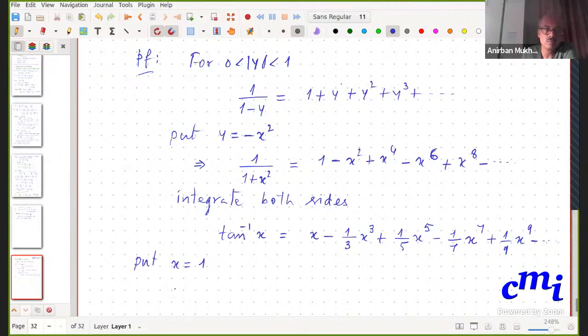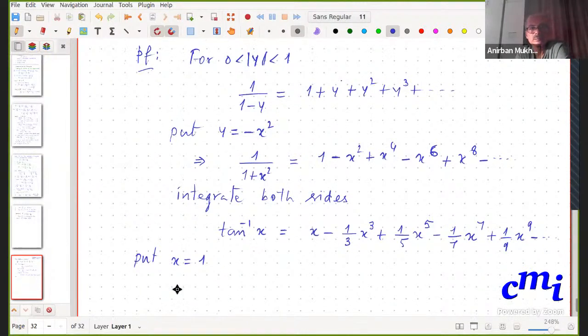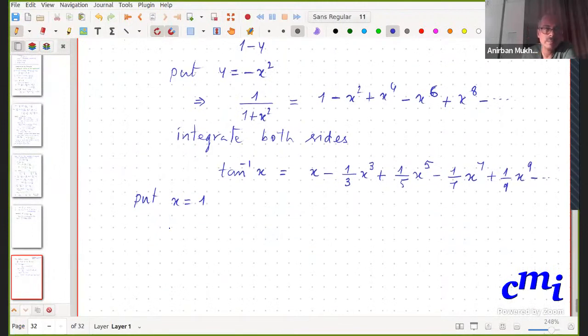So tan inverse of 1 is pi by 4. So pi by 4 is 1 minus 1/3 plus 1/5 and so on.